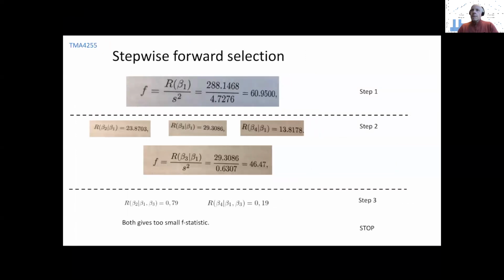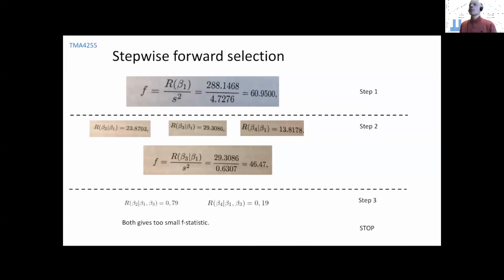And here in Minitab, we see that the first one is significant. And then also the third one turns out to be the best one combined with 1. So we have 1 and 3. But then we see that, okay, when we now try to add 2, it's not giving a very big value. And when we try to add 4 with 1 and 3, it's not giving a big value either. So we stop.